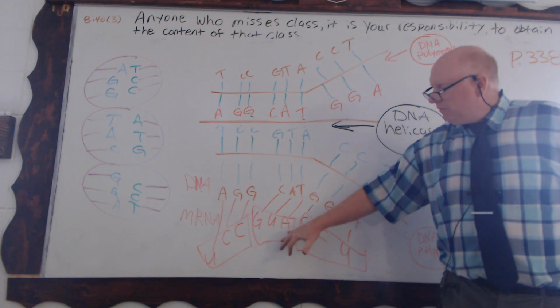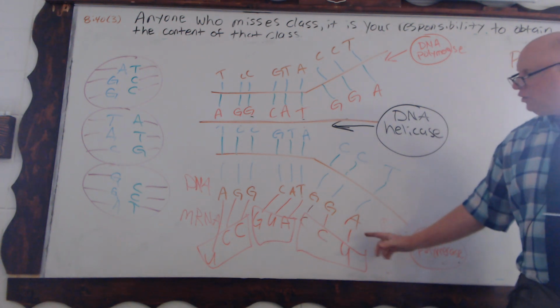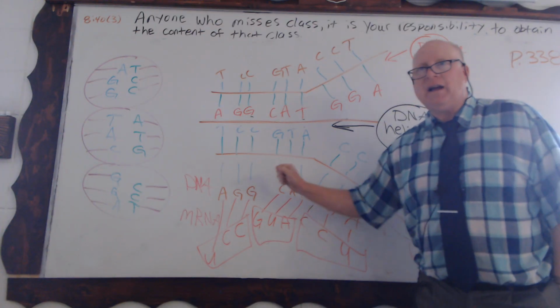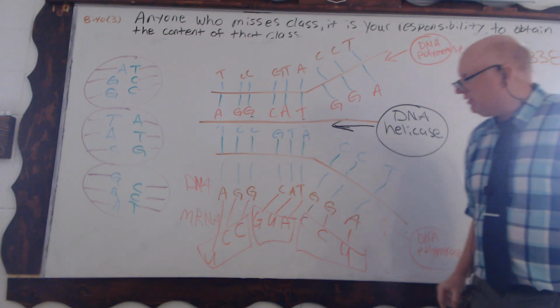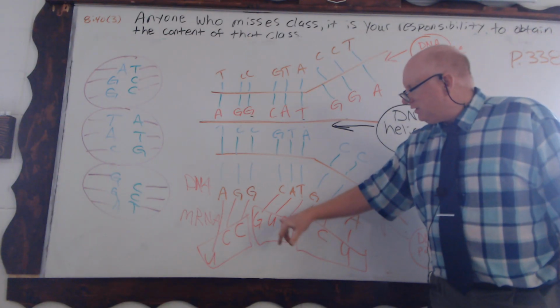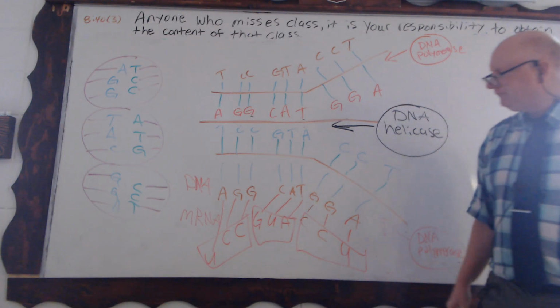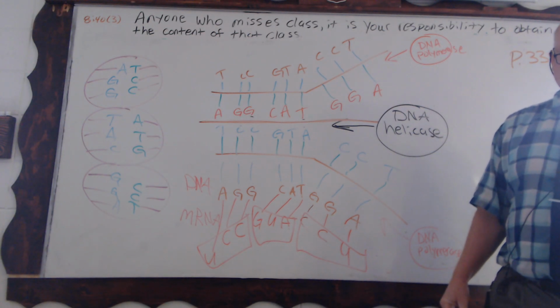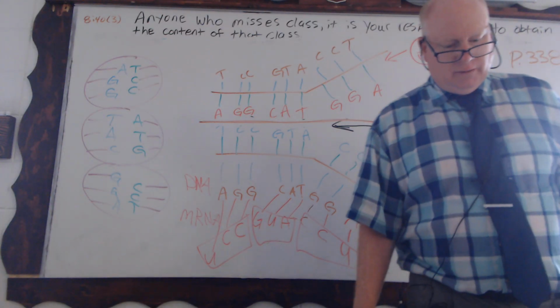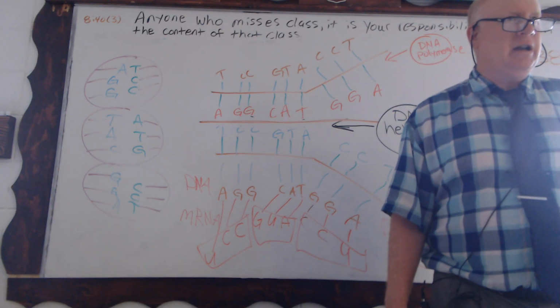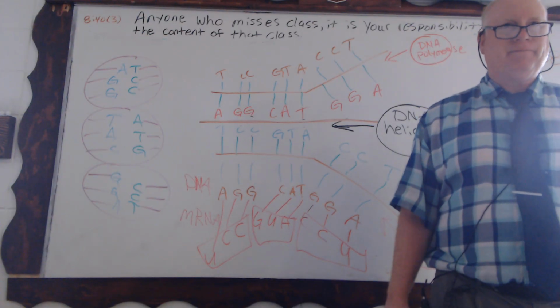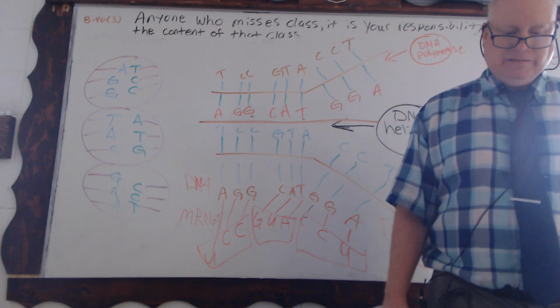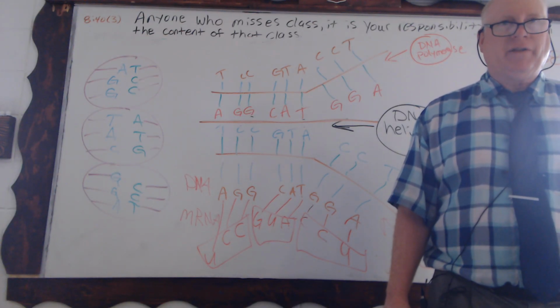Now you read it going this direction, from right to left, not left to right, because it's going in that direction. So you have to do first, second, third. And that is a very important amino acid. Methionine.